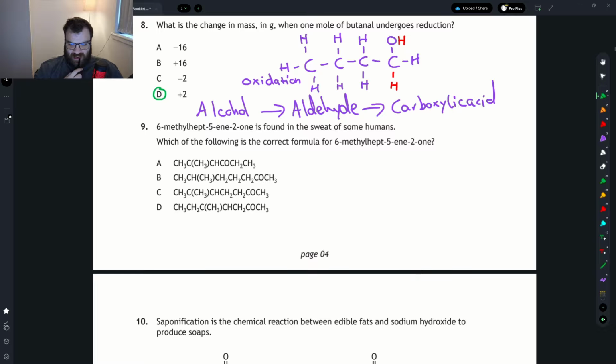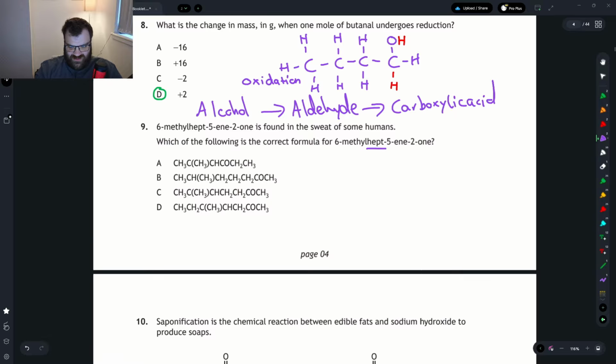Next up, we're asked about a ketone. A reasonably complicated ketone. So a couple of things we can do. We can look at formulas in that here. What I'd probably want to do though is draw it out. Right, let's go through the math approach. Right, so it's hept, so it's 7. That's unquestioned.